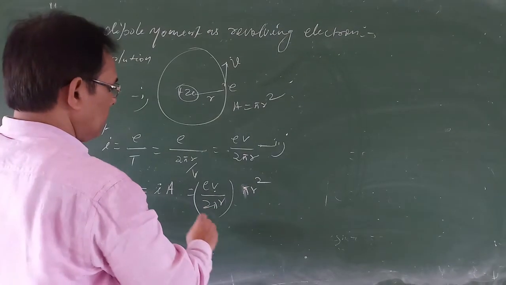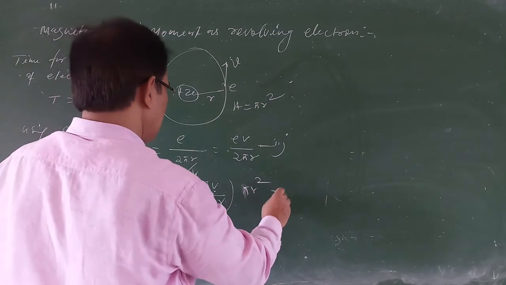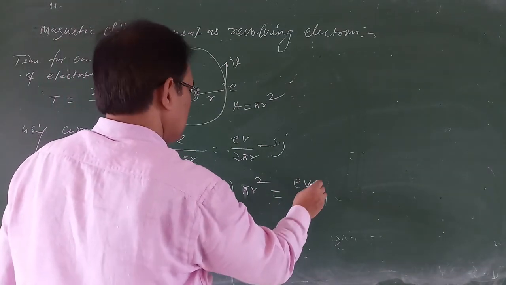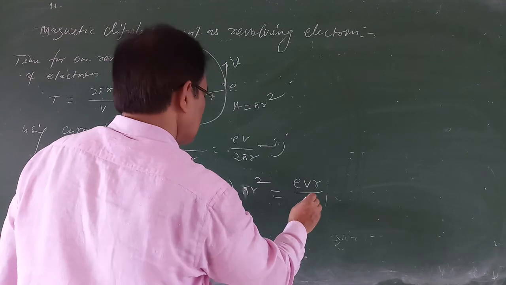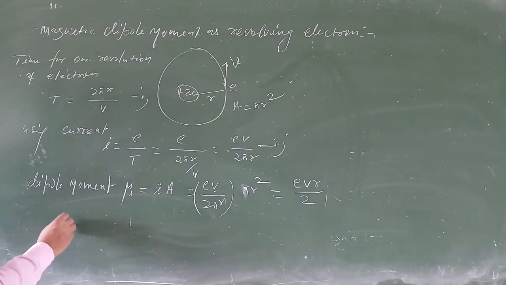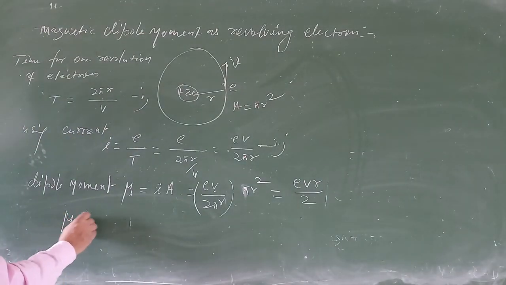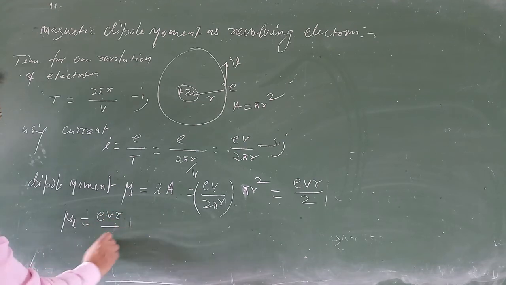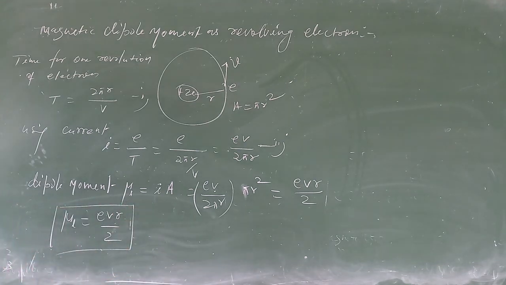So one pi will be cancelled and you will get evr by 2. So the dipole moment is mu L equals evr by 2.